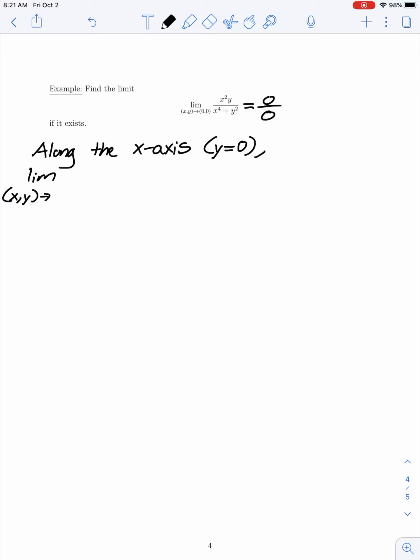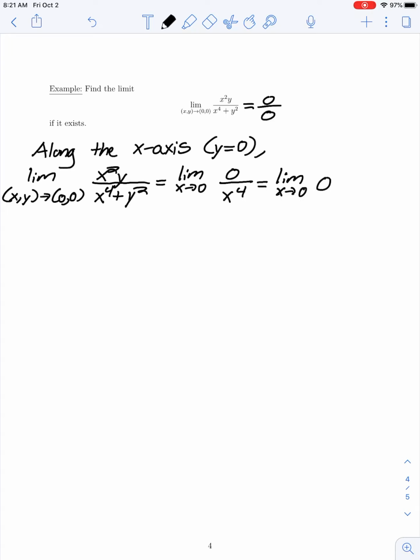So here, the limit as (x, y) approaches (0, 0) of our function x squared y over x to the 4th plus y squared would reduce to the limit of a single variable function as x approaches 0. So substituting 0 in for y, we would have 0 over x to the 4th, which for every non-zero value of x is 0. So the limit of that constant value gives us 0.